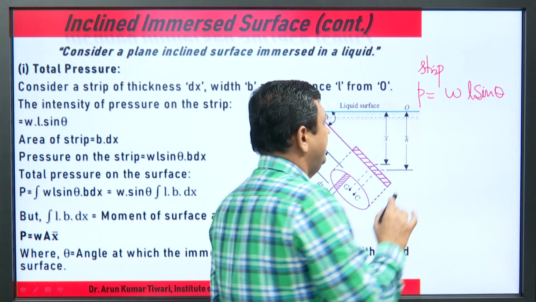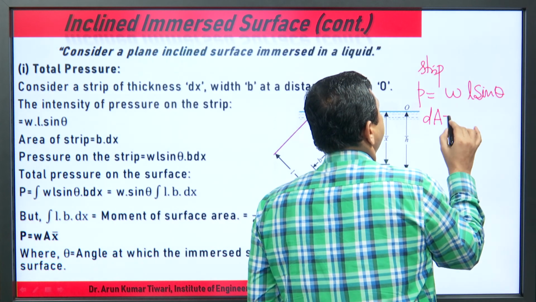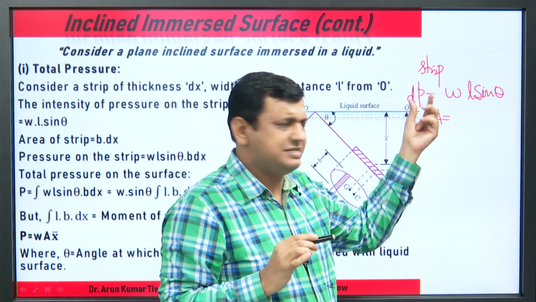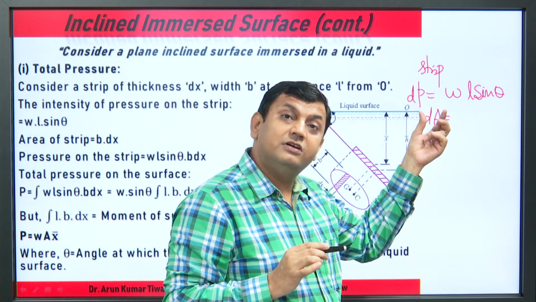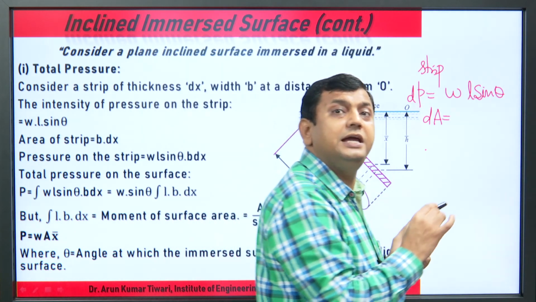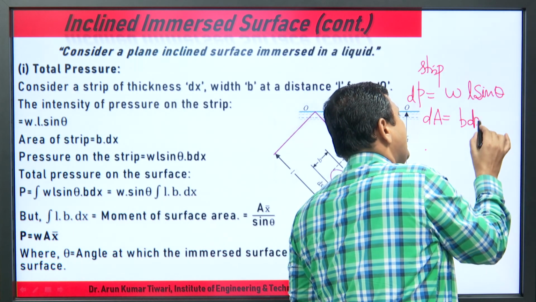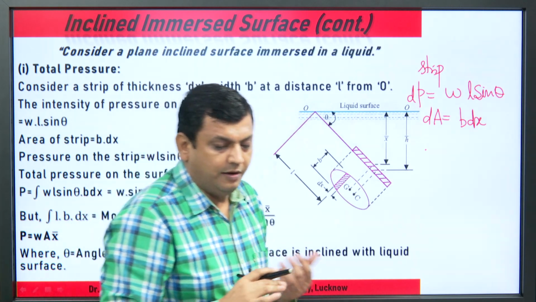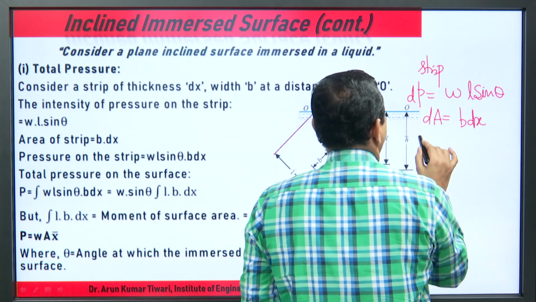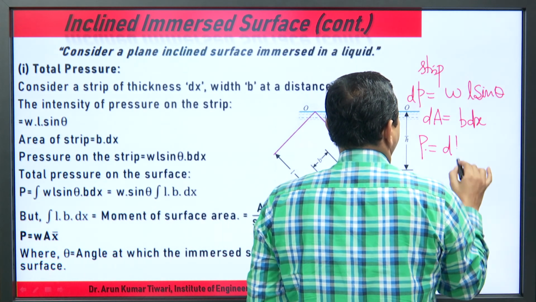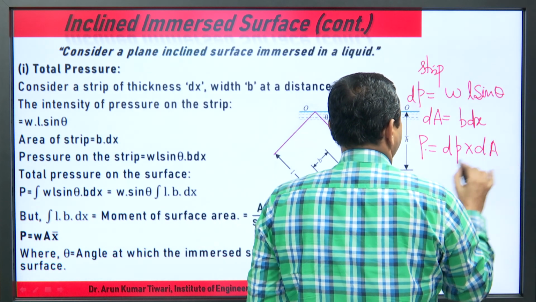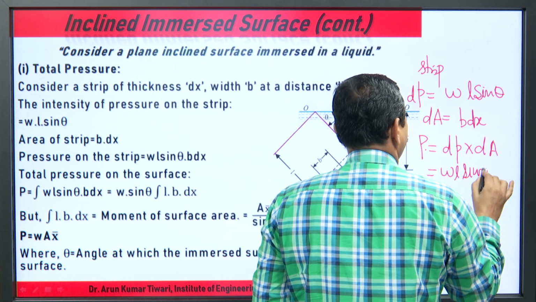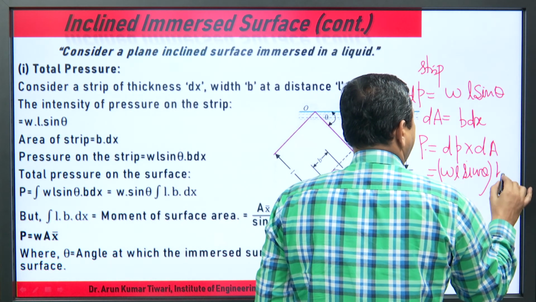What about the area? The area of the strip is B dx. Then the pressure on the strip, dP, is the pressure intensity into area, so it becomes W L sin theta into B dx.